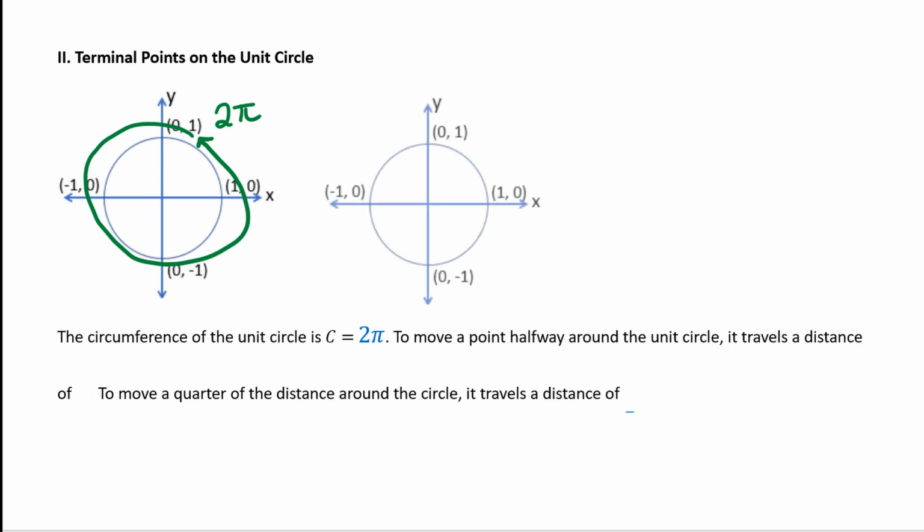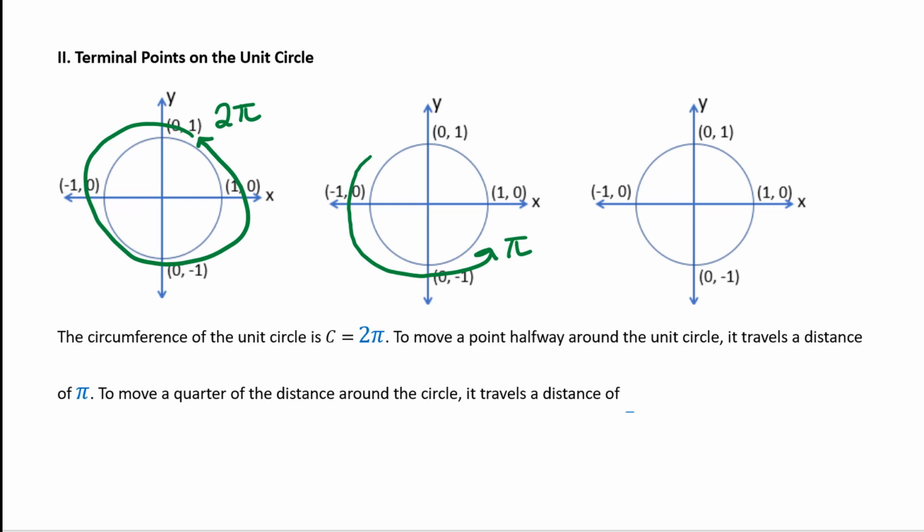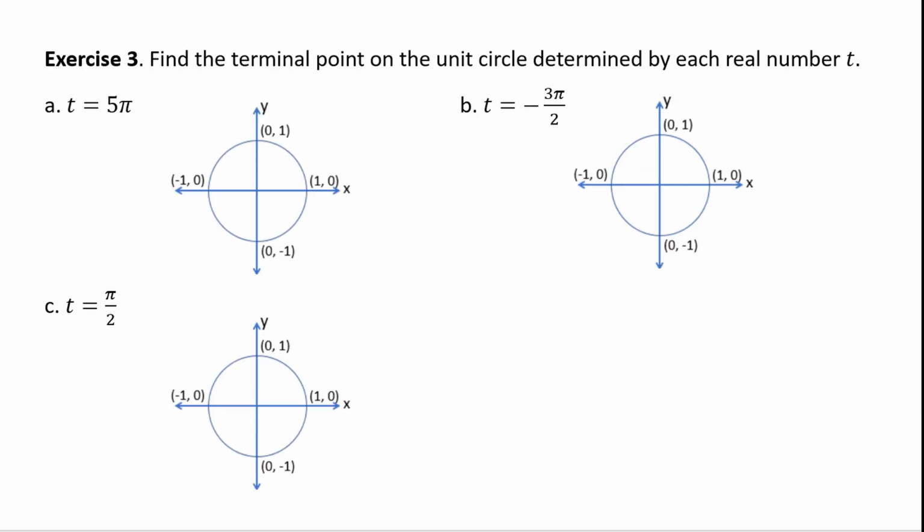To move a point halfway around the unit circle, it travels a distance of pi. And to move a quarter of the distance around the unit circle, that travels a distance of pi divided by 2.